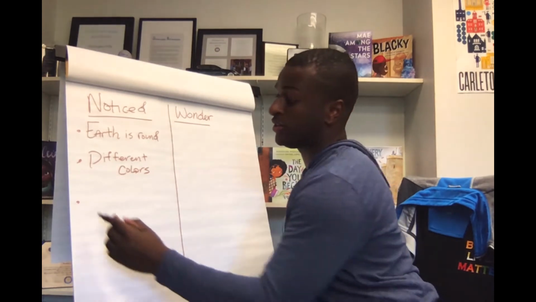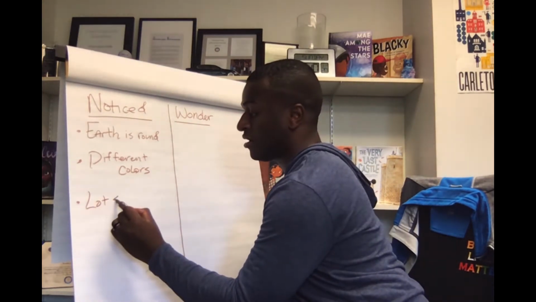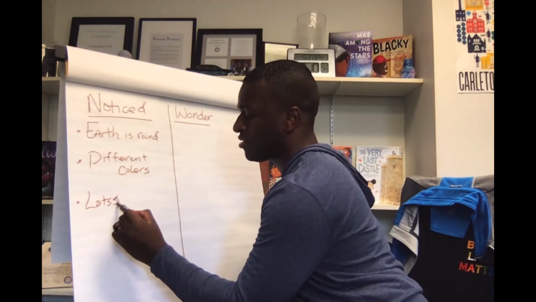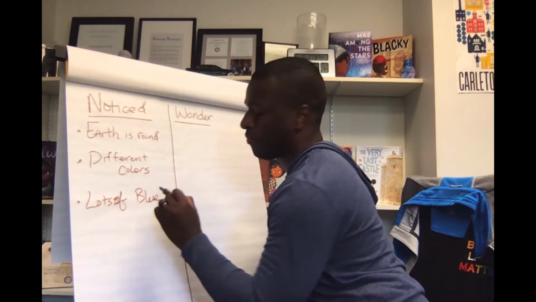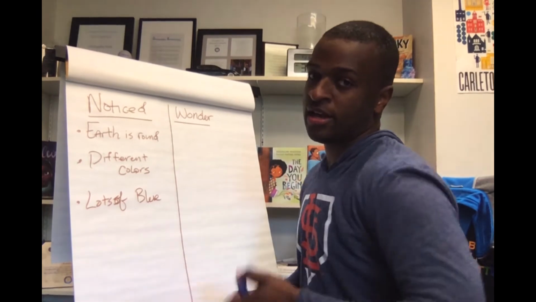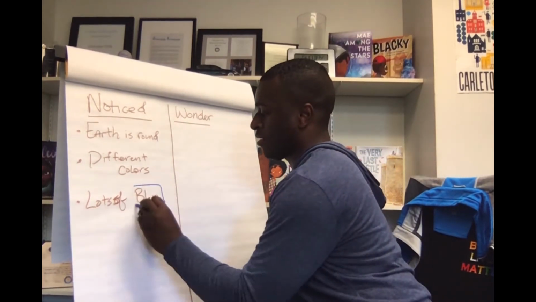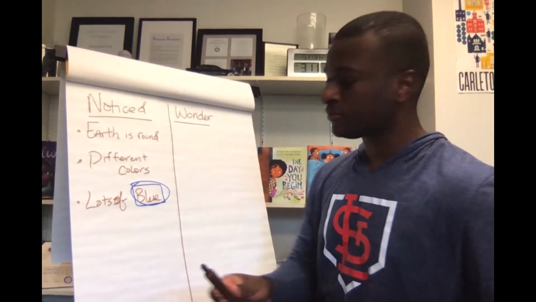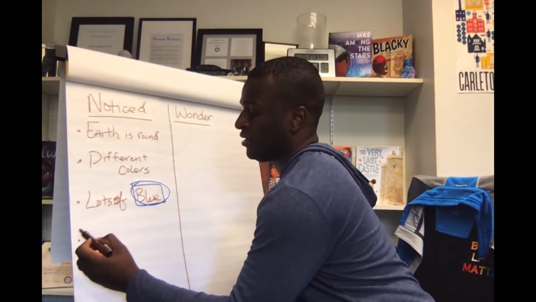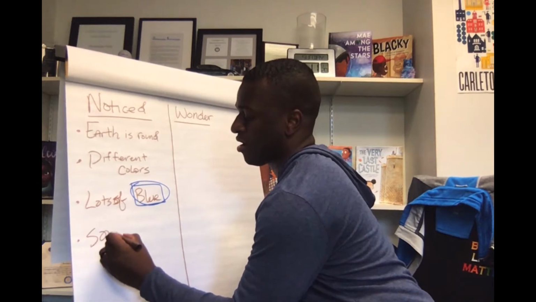Another thing that I noticed was that there was lots of blue. Just gonna circle that word blue. Put a little box around it and circle it, because that was important. I saw there was some white.